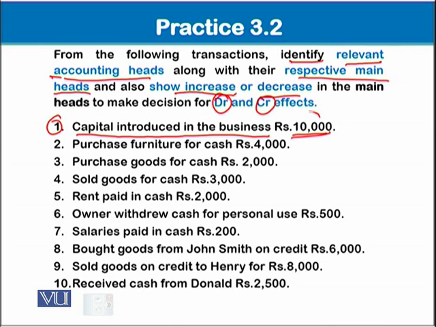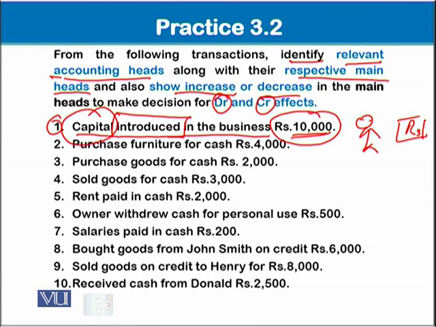Look, here it is not written that owner has brought cash. But it is understood that owner will be bringing cash as capital at the time of introduction, resources which belong to this owner into the business, but the value is given.